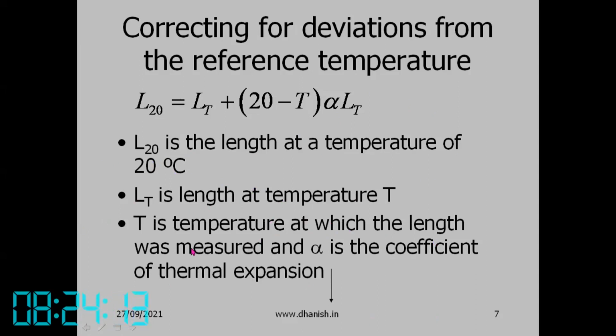T is the temperature at which the length was measured, and alpha is the coefficient of thermal expansion. These are the variables in this formula. So we need to know alpha, and of course the temperature, to compute the error due to deviation from reference temperature.